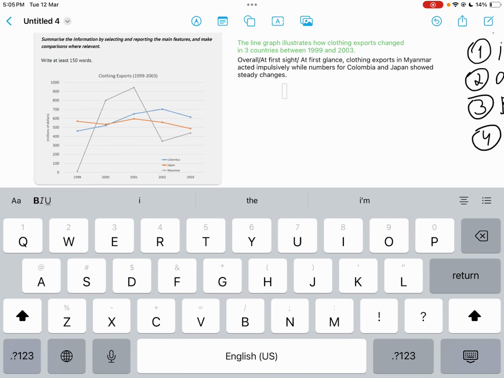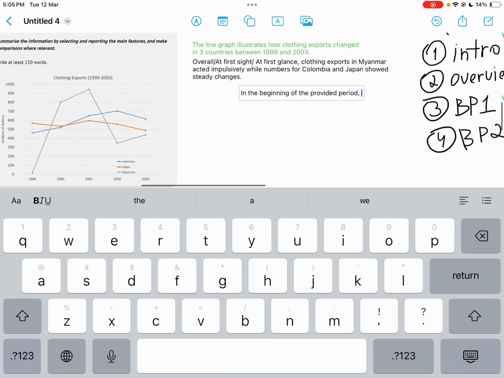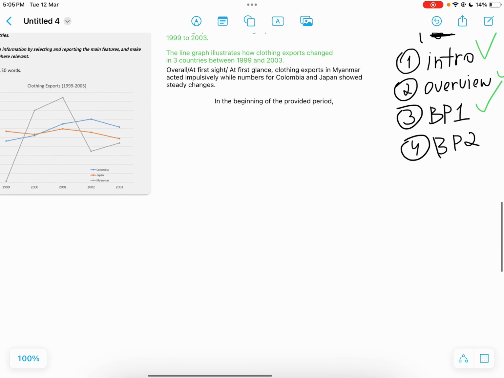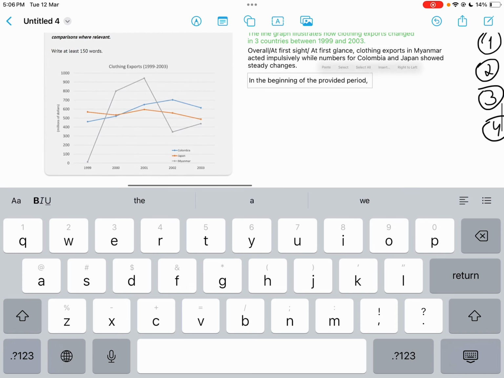Let's start with the year 1999. I can start in the beginning of the provided period. In the beginning of the provided period, what happened?